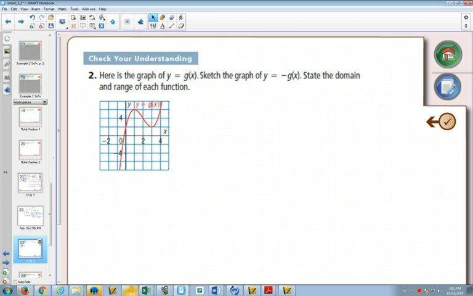We need to graph y equals g of negative x. What's another way that could have been written? Y or x? The last one was y, so the textbook wouldn't do that twice in a row, right?